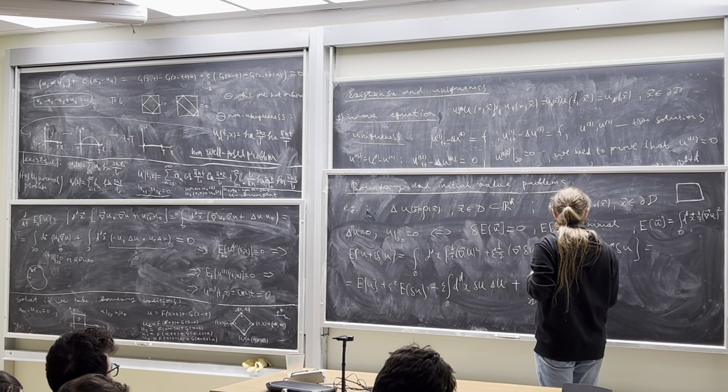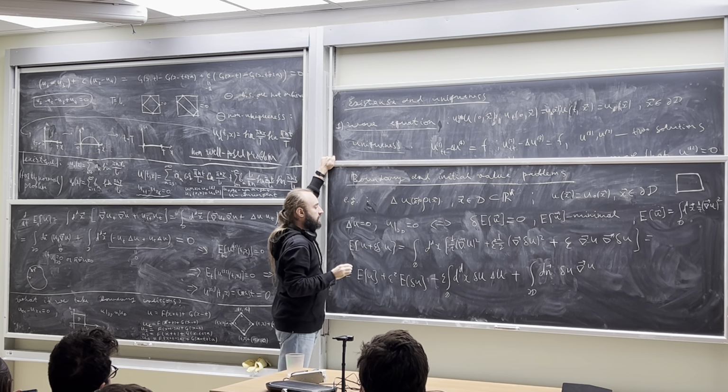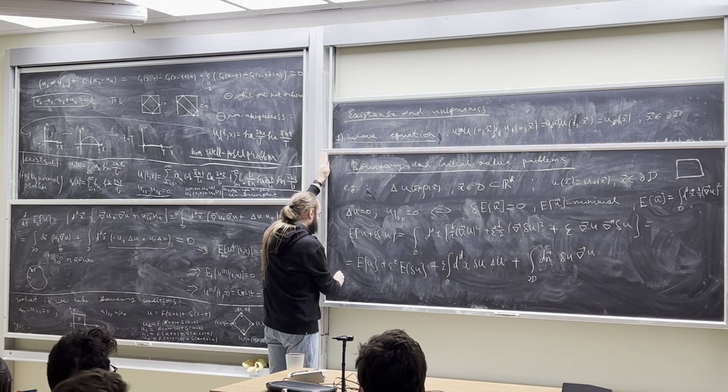So by definition, the variational derivative or variational differential delta E of u is by definition d in epsilon of E of u plus epsilon delta u at epsilon equals 0.